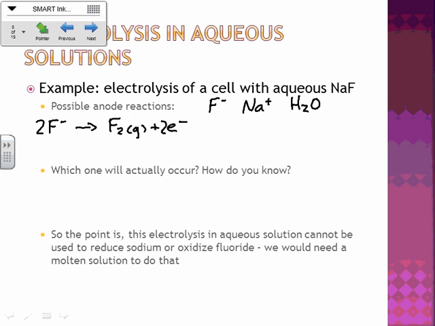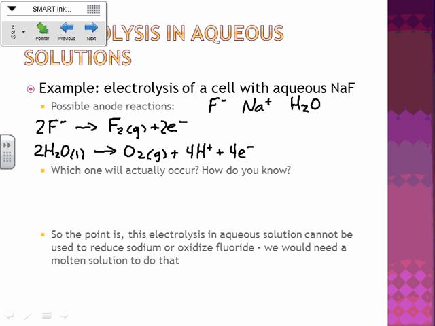So we have to write that in reverse to think about oxidation, okay? So this is kind of tricky, but let's write it this way. So the 2H2O liquid could be oxidized to produce O2. Okay, so those are the two possible oxidation reactions.